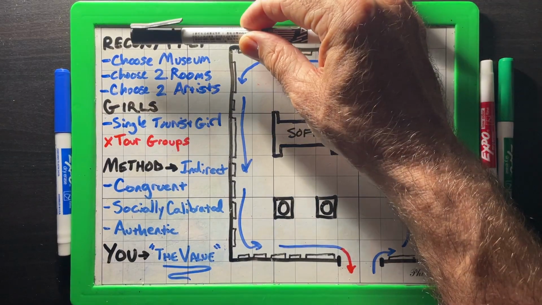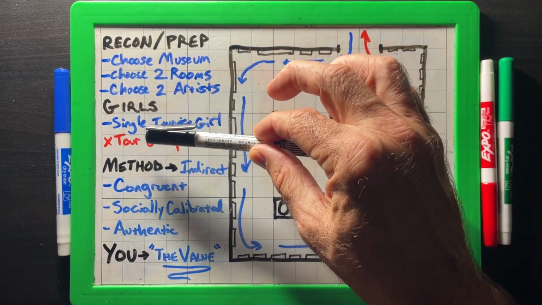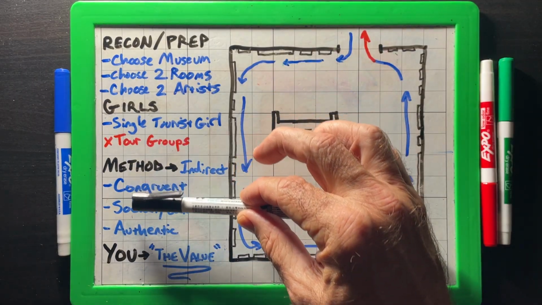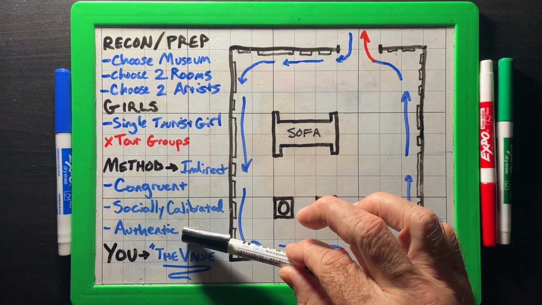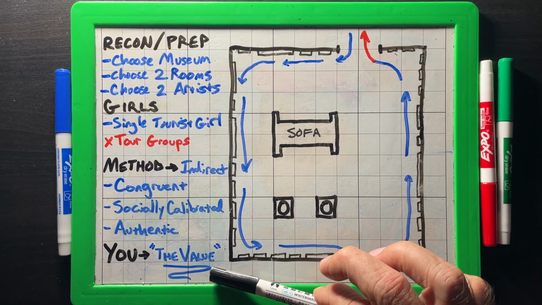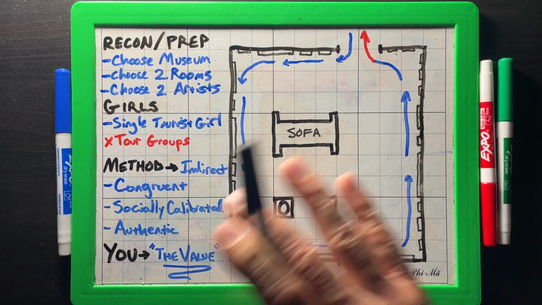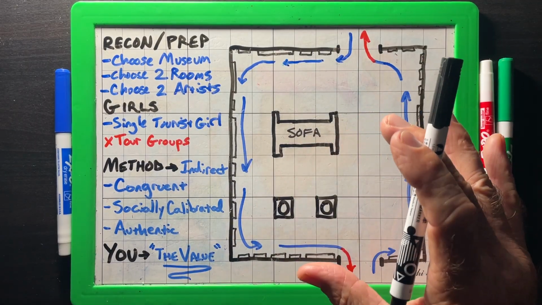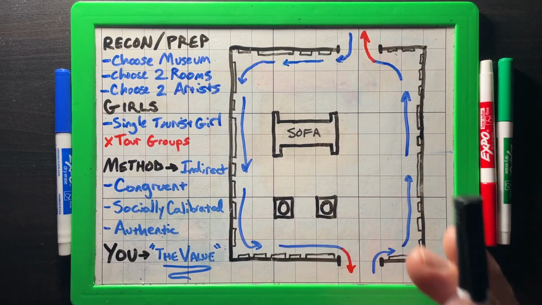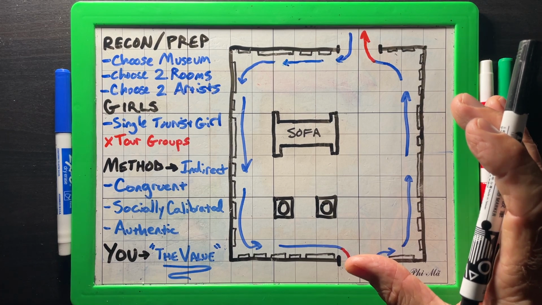By doing all this, the reconnaissance, becoming an expert on 2 artists, knowing the type of girls you're going to target, using the right method in the right way, being authentic in the interaction, you, my friend, are going to be the value in the art museum. What this does is it gives you that best feeling in the world when you're in your car driving to the art museum and it's the 12th time you've gamed it.